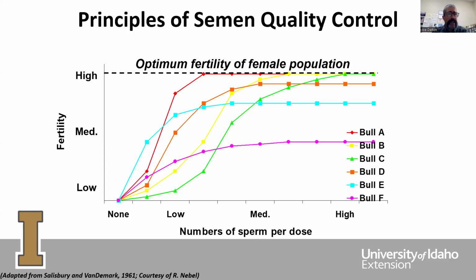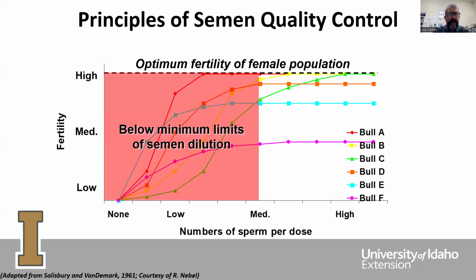And those bulls that don't, for example, bull E and bull F, those are bulls that have high percentage of uncompensable traits. And those are bulls and ejaculates that should be culled. And what do I mean by that? The way we use this graph in quality control at an AI center is in this manner.